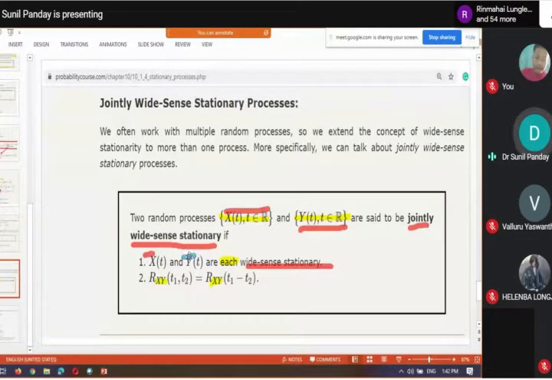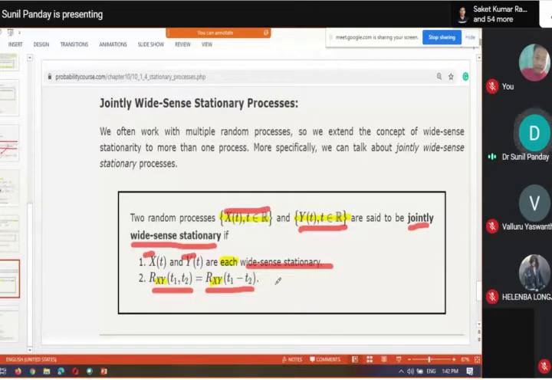Similarly for yt, the mean function is constant and its autocorrelation function is a function of time difference. And the third property is that the cross correlation function of t1, t2 is a function of the time difference t1 minus t2.